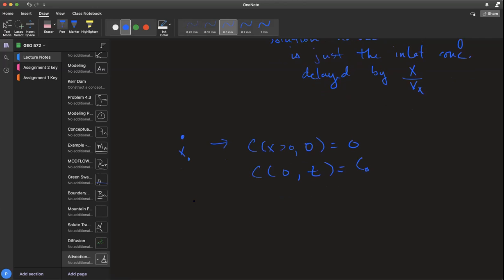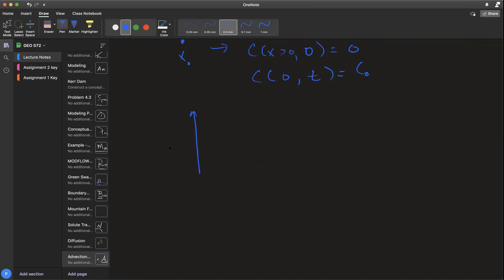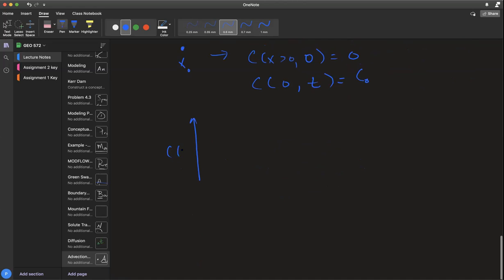And what it means is that if we were to look at the concentration at some place, x, I don't know what we're going to call it, x sub s, the sampling location. Our concentration would look like this.